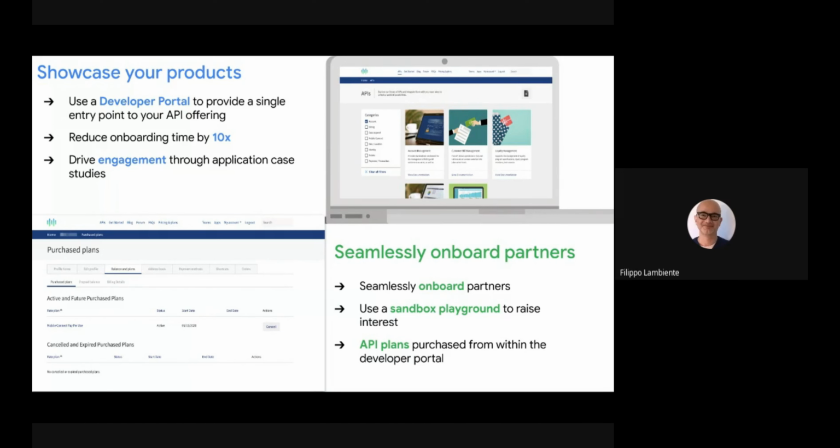So don't leave the developer portal and the onboarding of your customers to the end, because it can really make the difference between you and your competitor.